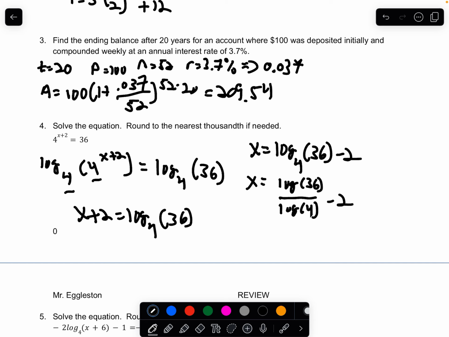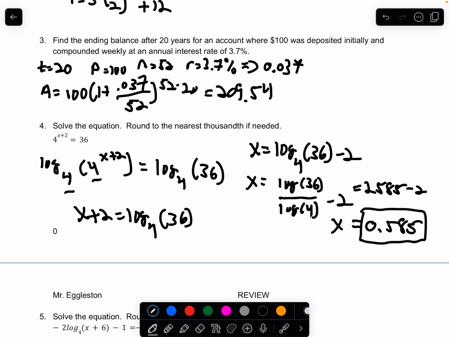Log of 36 divided by log of 4. So that's log base 4 of 36 minus 2. That equals 2.585 to 3 decimal places minus 2, which gives us 0.585 as our answer for x. Okay.